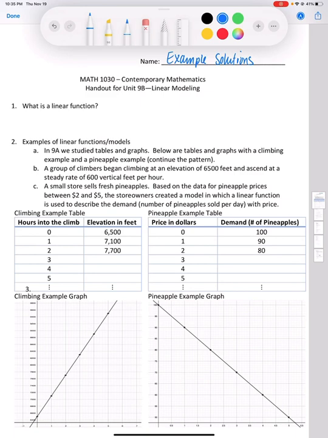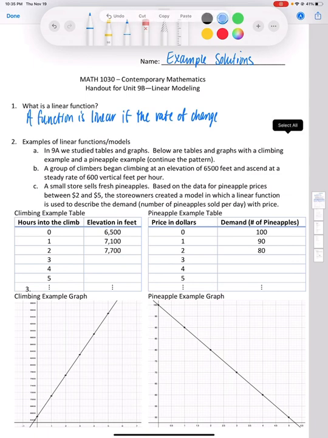So first, we think about what is a linear function. A linear function is a function that has a constant rate of change. So a function is linear if the rate of change is constant.